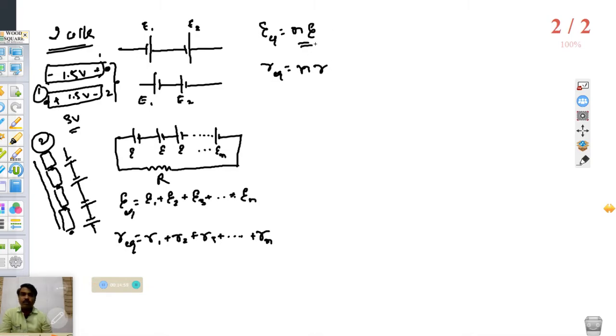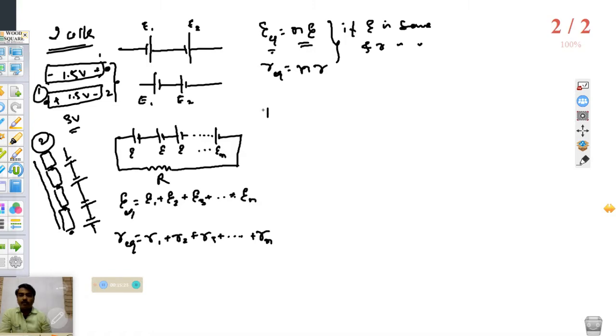It is for if E is the same and R is also the same. N number of cells connected in series, which have equal EMF and equal internal resistance, then E equivalent is equal to n times E, R equivalent is equal to n times R we can write.